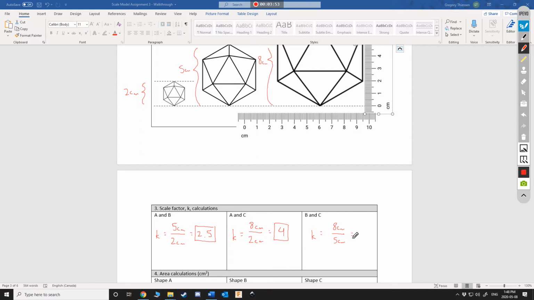Not as nice a number for that one, so 8 divided by 5, and we get 1.6. So C is 1.6 times bigger than B. So we have 2.5, 4, and 1.6. Let's scroll down to the next part.